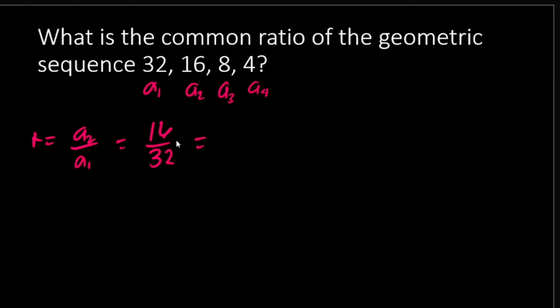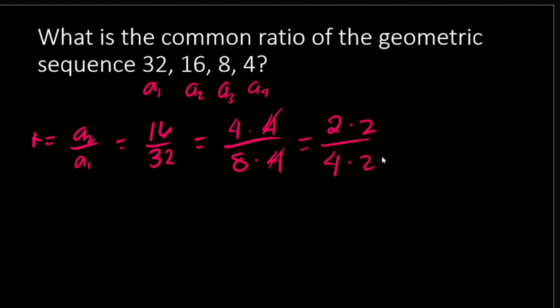So we can factor out 16 as 4 times 4, and 32 is 8 times 4. We can cancel out 4. We still have a common factor. 4 can be expressed as 2 times 2, and 8 is 4 times 2.